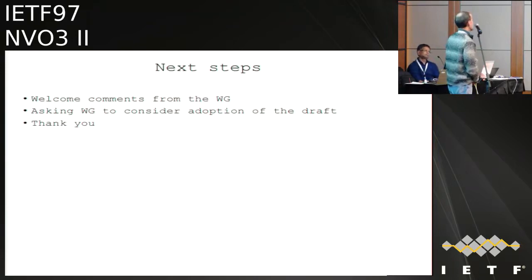But I would definitely appreciate consideration and discussion about whether there is interest to continue this work on a common OAM for all overlay technologies.